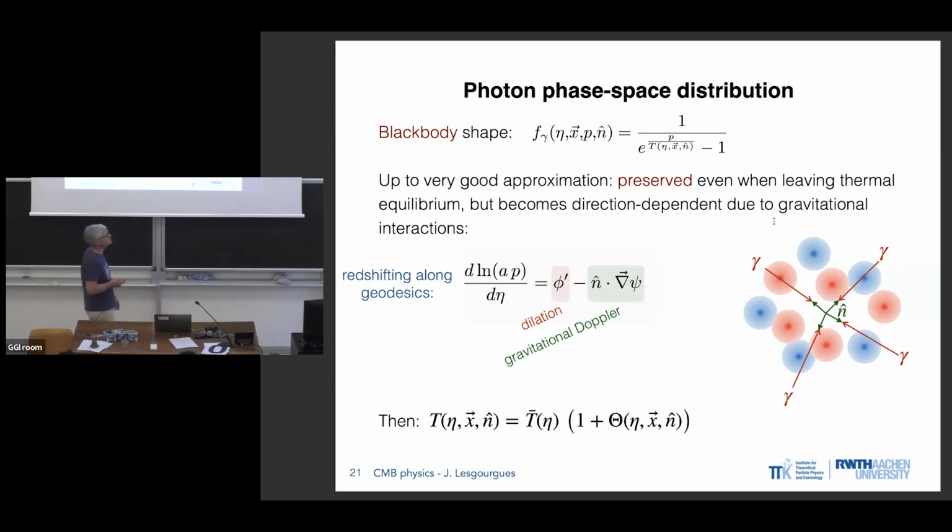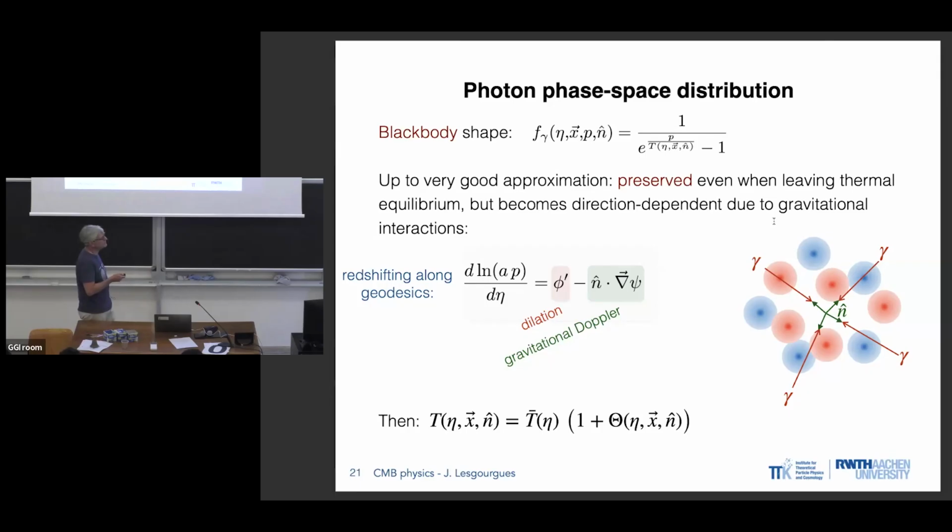On the left, we have the logarithmic derivative of the product a p with respect to conformal time. And we see already that in a homogeneous universe with no metric fluctuation, this will be equal to 0. It will mean that p scales like 1 over a, and this is a well-known result for the redshifting of photons. But in a perturbed universe, you get corrections to this.